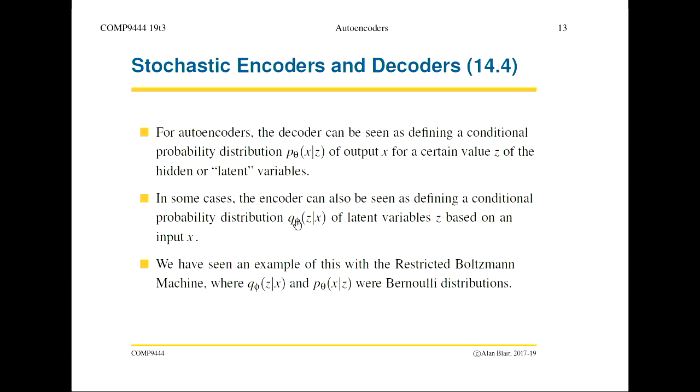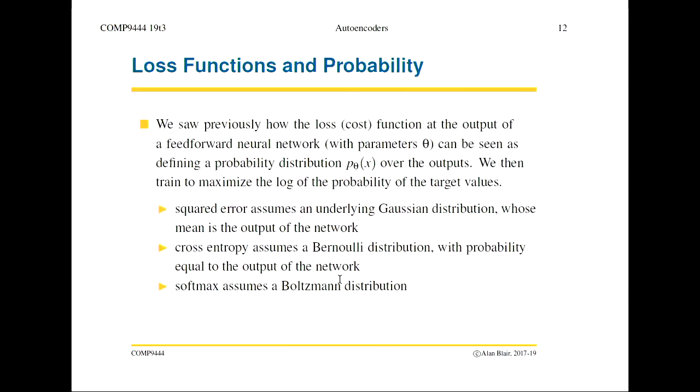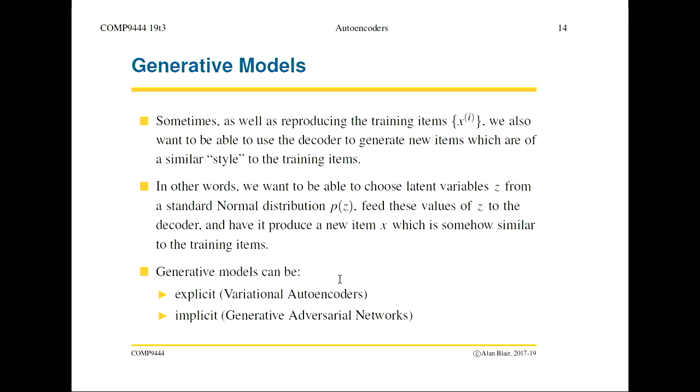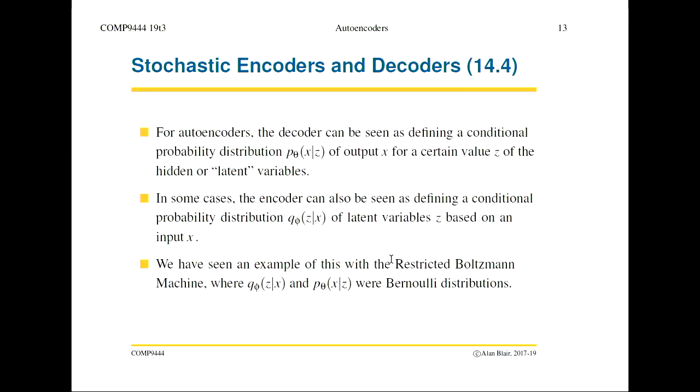And we write this as Q of Z depending on X. And this relates back to what we were just looking at with the restricted Boltzmann machines. We're using different letters here.